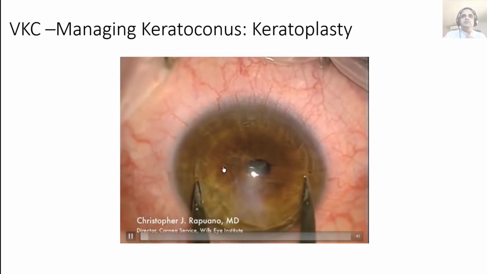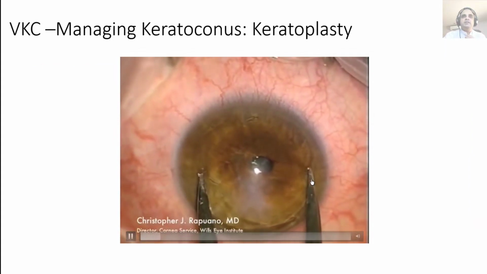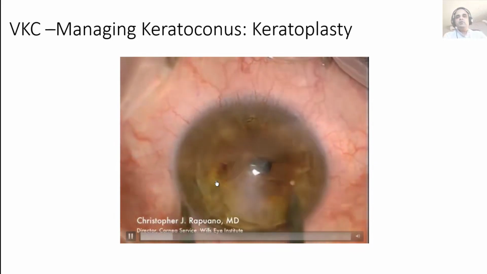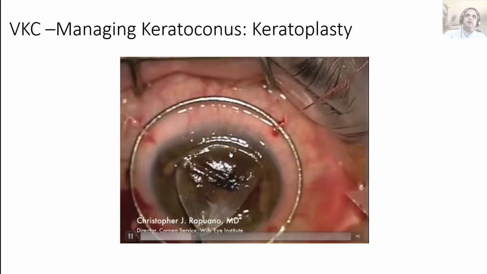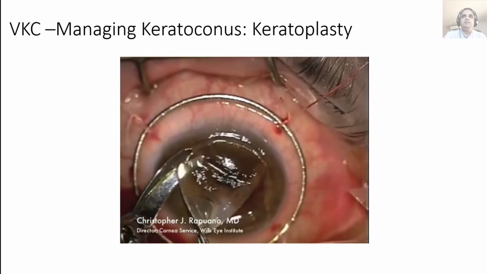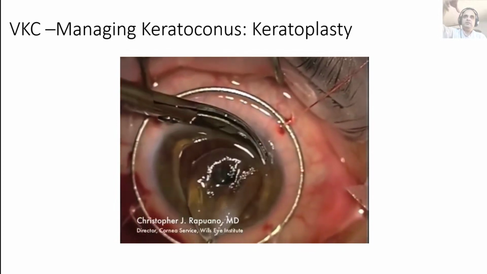This is the diseased cornea, or the host cornea, and this is just measuring the size of the host cornea that is going to be removed, so the donor cornea can be cut to the same size. This is the trephine that is going to cut our cornea, and then scissors are used to excise the cornea away after we mark it with the trephine.